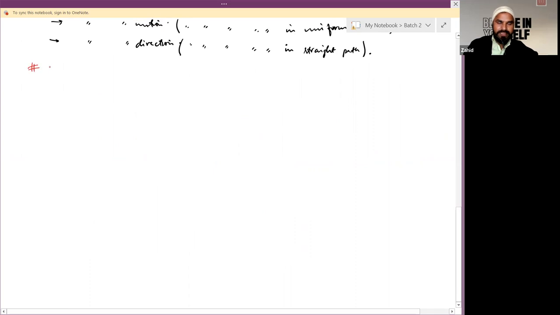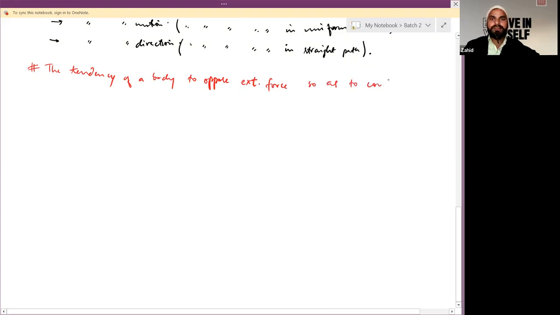So we may define inertia as the tendency of a body to oppose external force so as to continue their own state is called inertia.